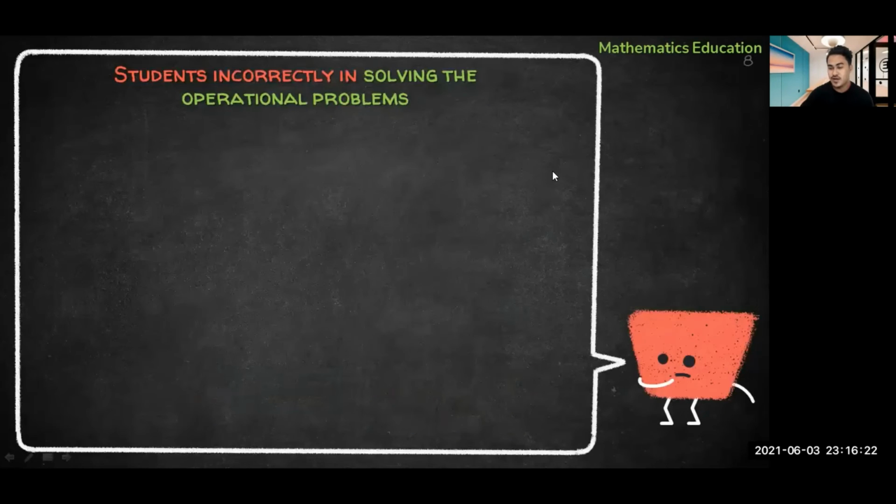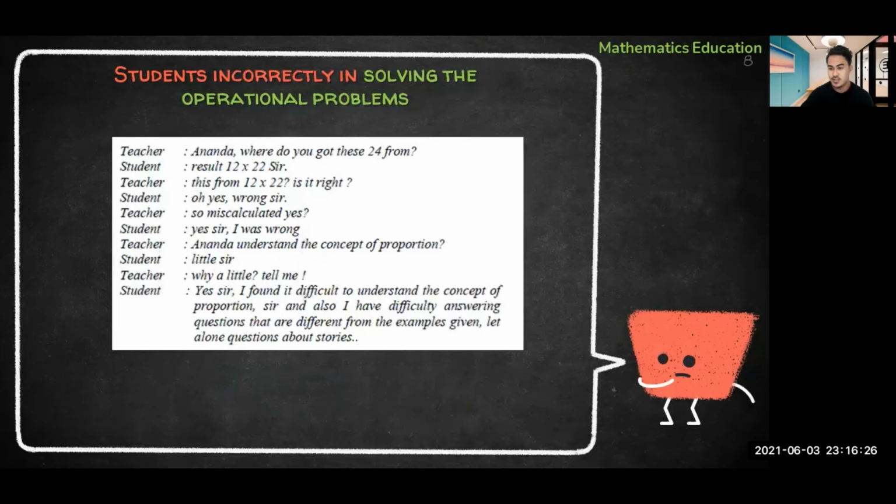The third factor in epistemological obstacle that we found, we can see from the conversation between teacher and student. In this conversation, the teacher asks the student, where did you get this 24 from? The student says the result 12 multiplied by 22, sir.